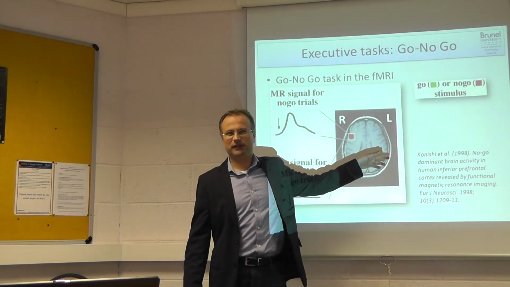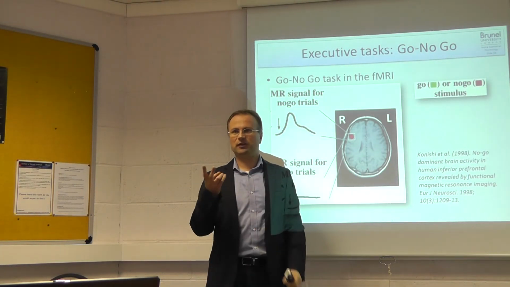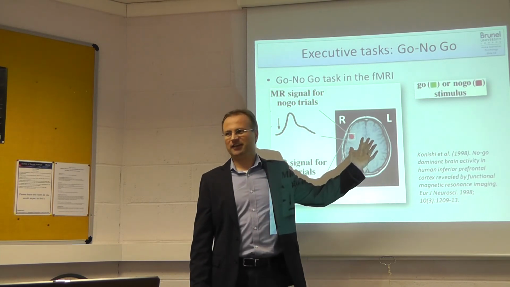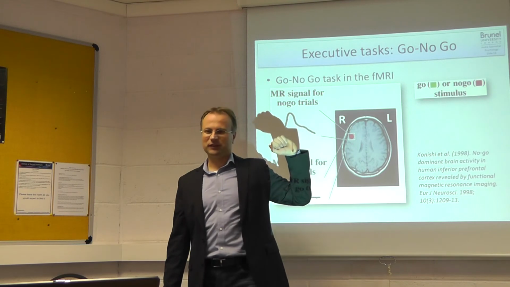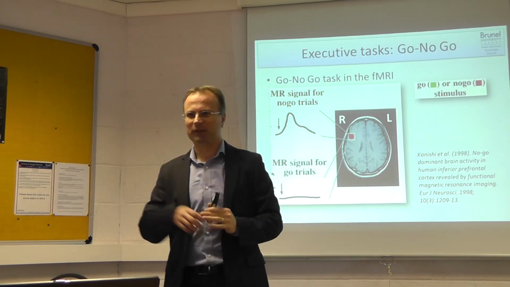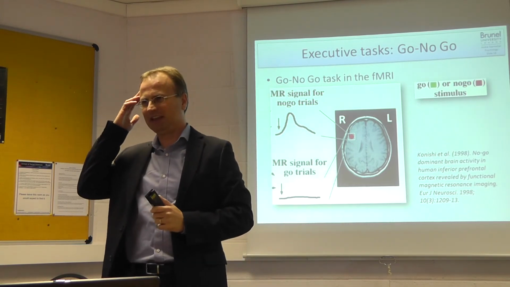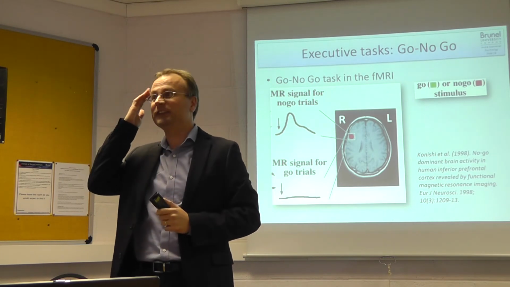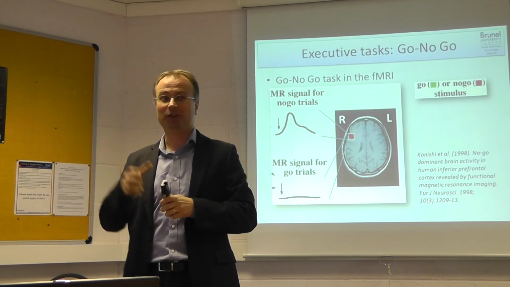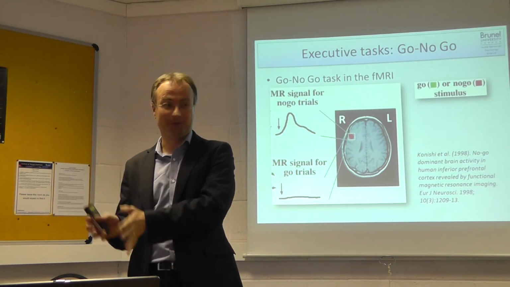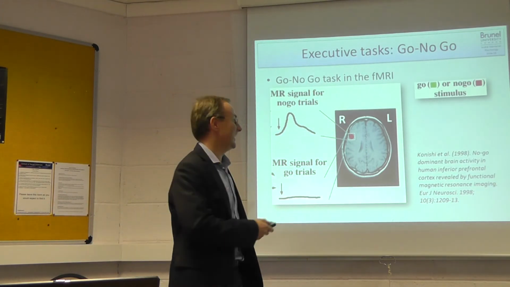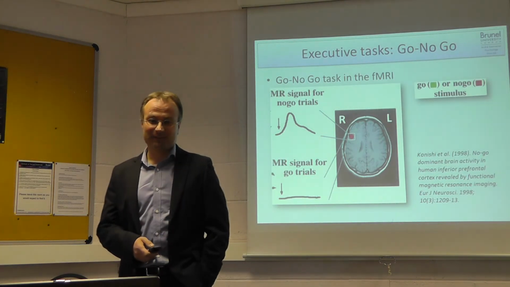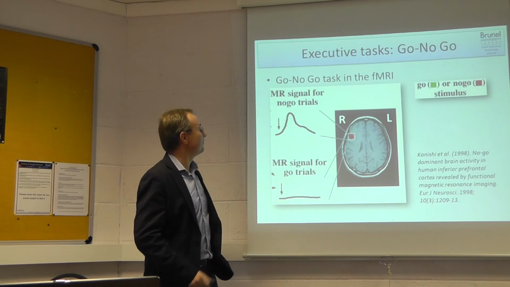In most software packages, you just change one parameter, flip left-right, and it's just the other way around. So what some people do is attach something to the head of the participants, like a vitamin E capsule, which nicely shows in the MRI, and they always attach it on the right side of the head, so that they can be sure that right is on the right and left is on the left. Yeah, but this sometimes can be a bit tricky.